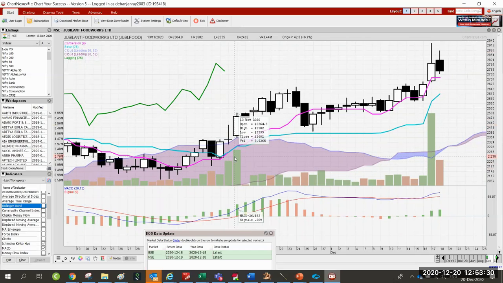The corresponding English name for the T line is the conversion line, and for the K line it is the baseline. So you see the day it has gone above this line, this 11th November, or to be sure, the 12th November, is the day on which you should buy the stock.